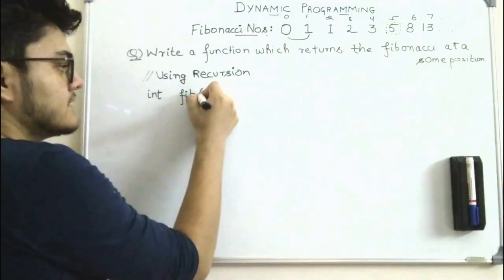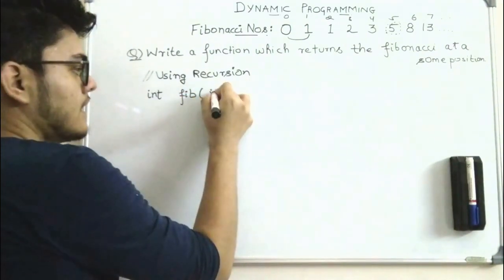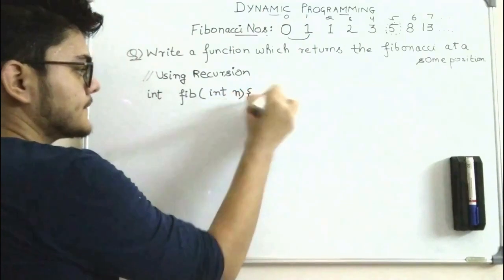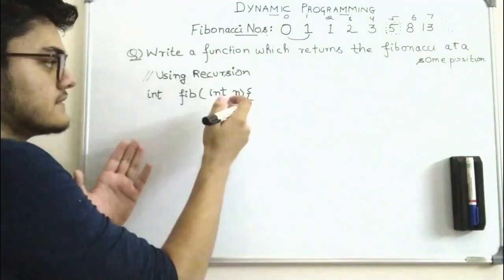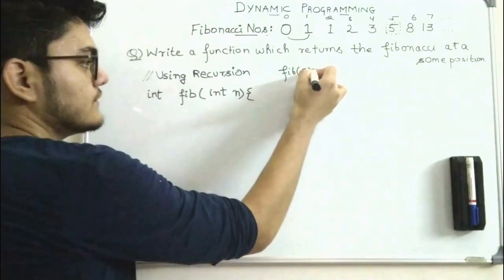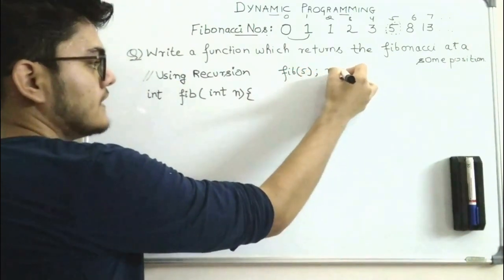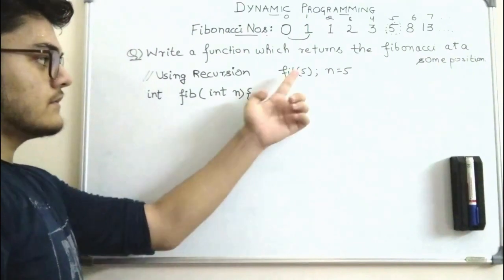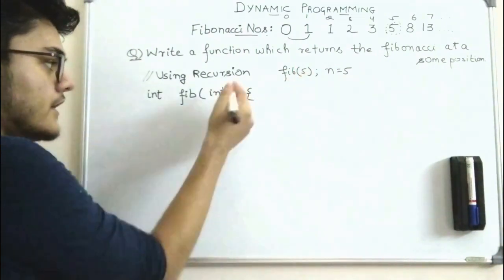Then fib is the name of the function, and let's suppose the position is marked as n. So whenever I make a call to the Fibonacci function like this one, the value of n will be equal to 5. We pass the value at the time of the function call to this function.